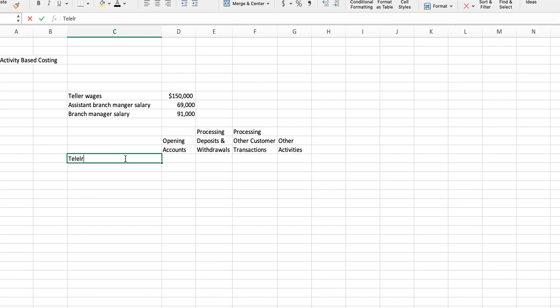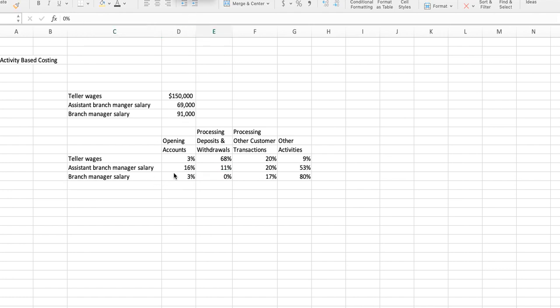And so we can get a better allocation of our overhead because we have these different activities. Now what we have to figure out is how much time or what percentage they're spending on these. All right, so again, just kind of gives us our information so that we can move forward with this analysis.